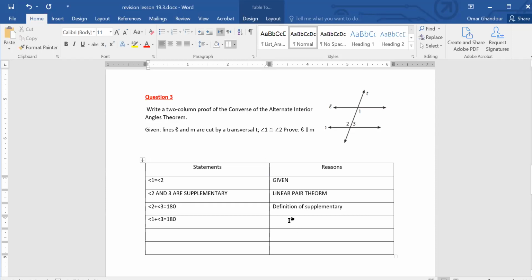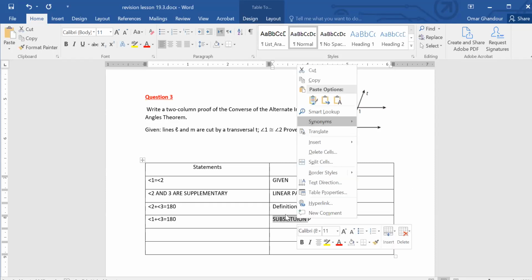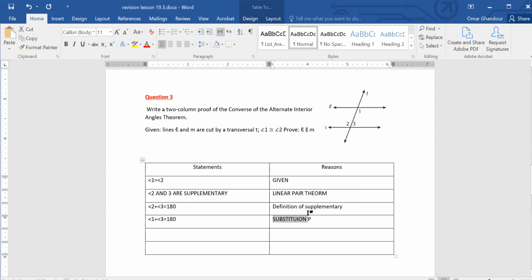What did I do? I used the substitution property of equality.